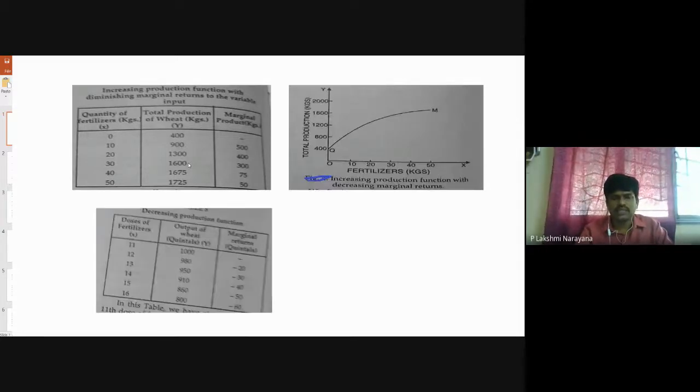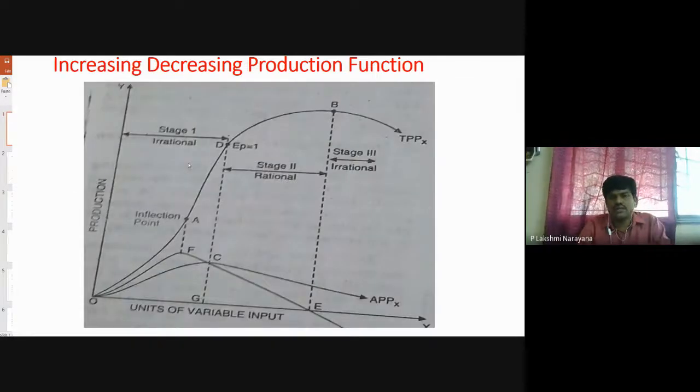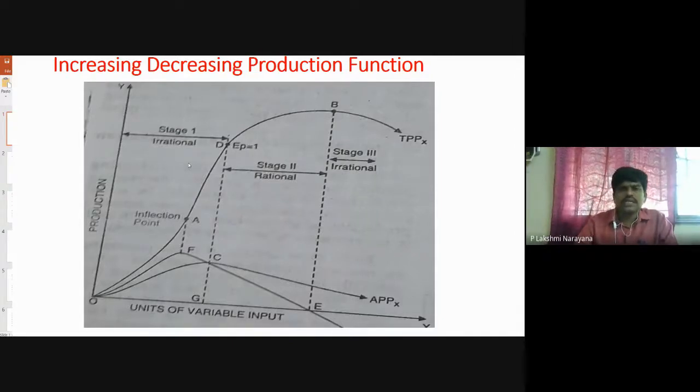The fourth case is the decreasing production function. These are the four possibilities.